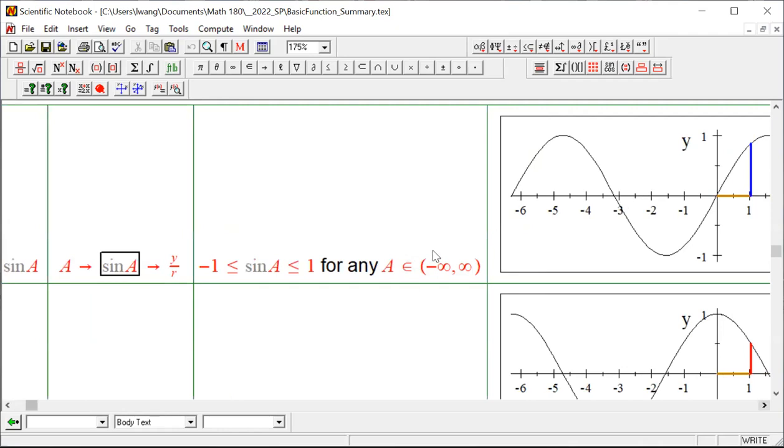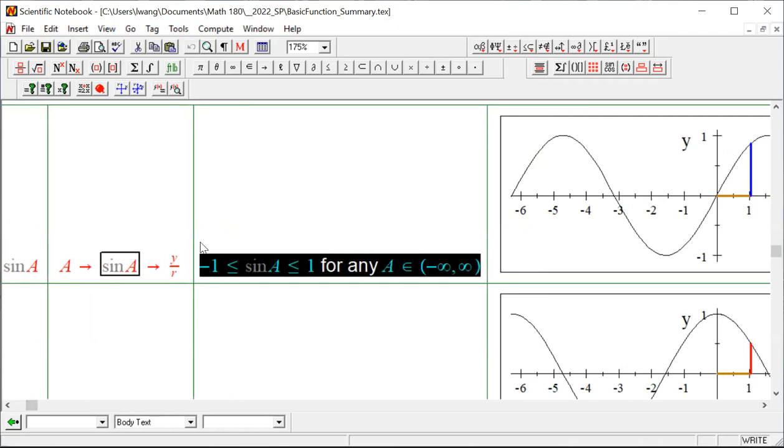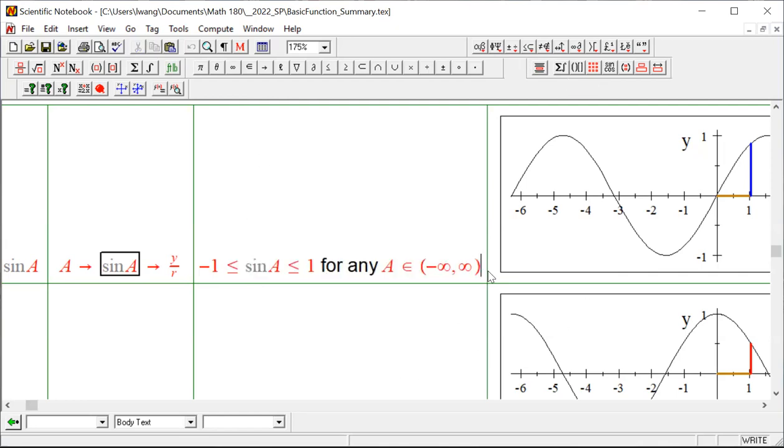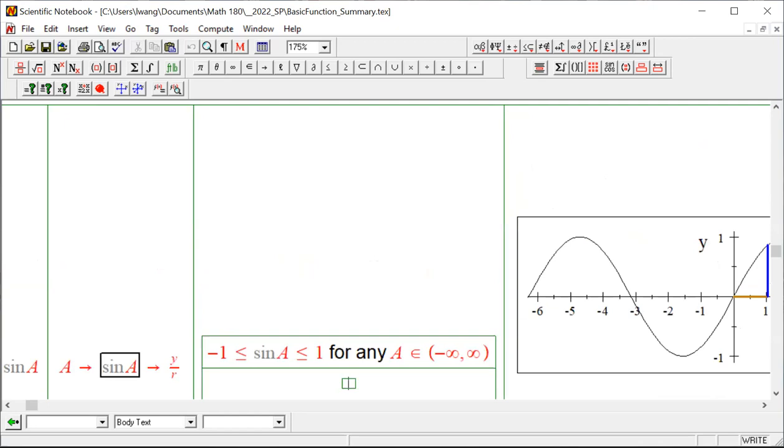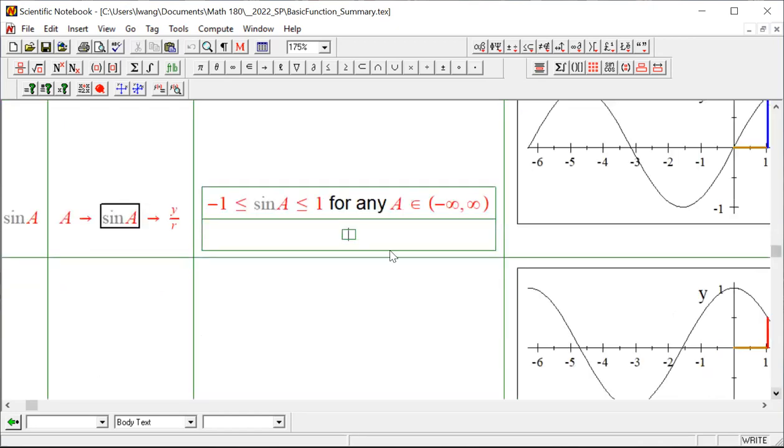So that's one version of the domain and range. I'm going to give you a couple versions of it.